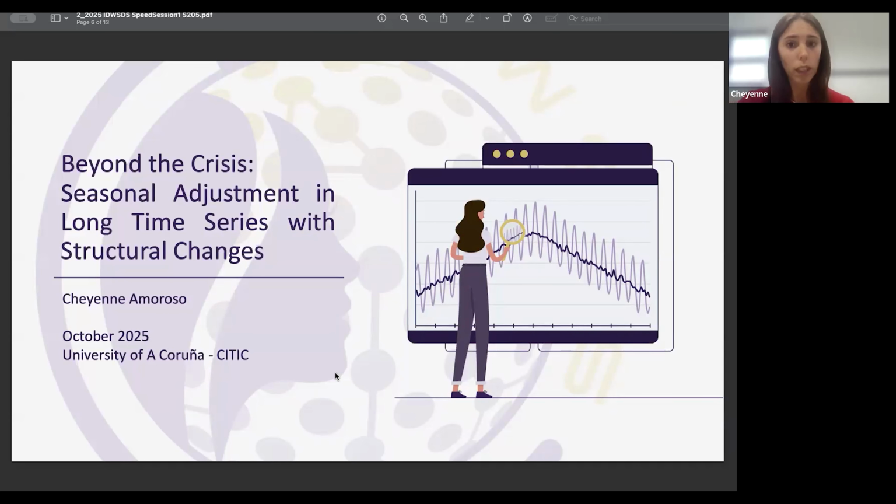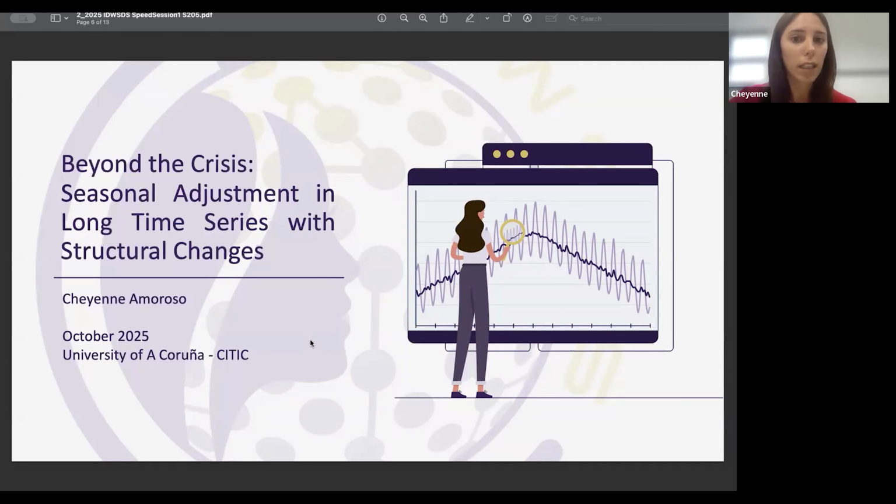The trend component that represents the long-term movements in the data, the seasonal component that captures periodic fluctuations that occur within known time steps, reflecting recurring events such as holidays or weather patterns, and finally, the irregular component that accounts for the random or unpredictable variations in the data that cannot be attributed to the trend or the seasonal components.